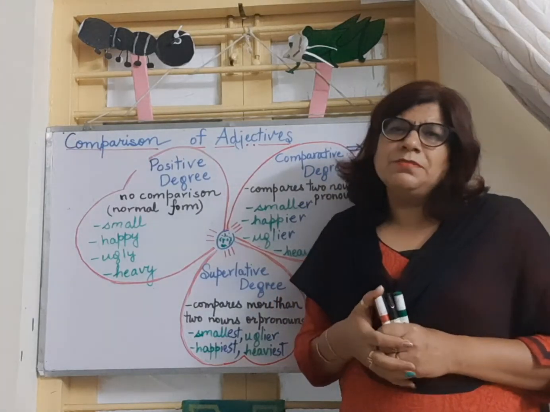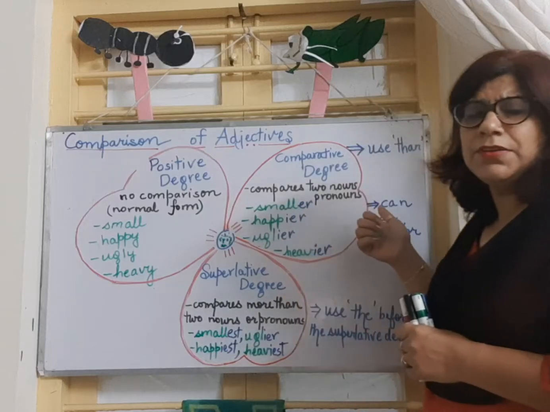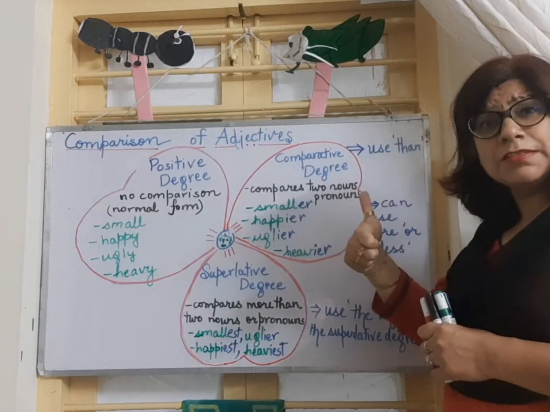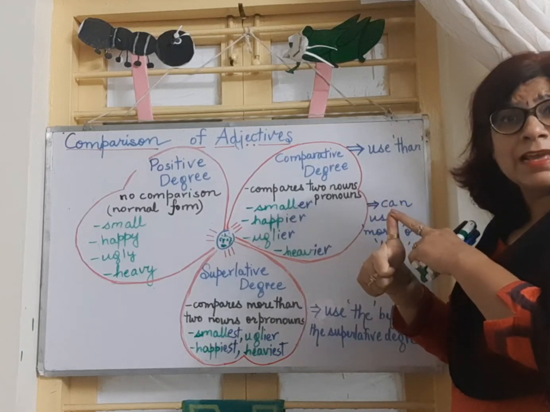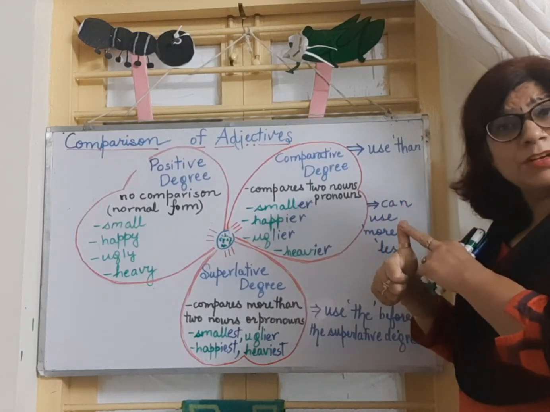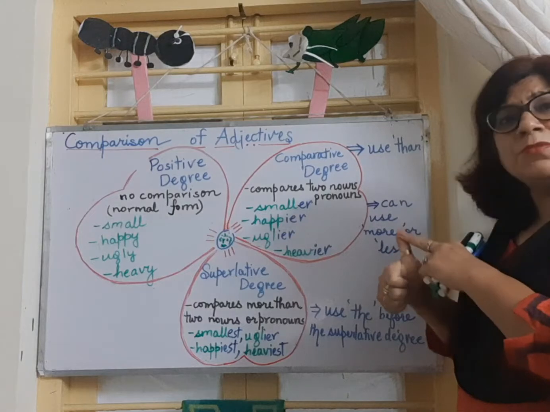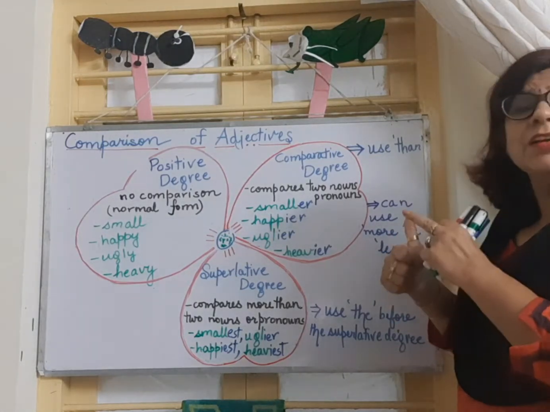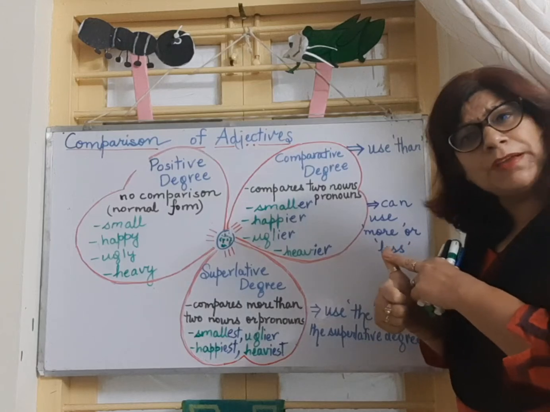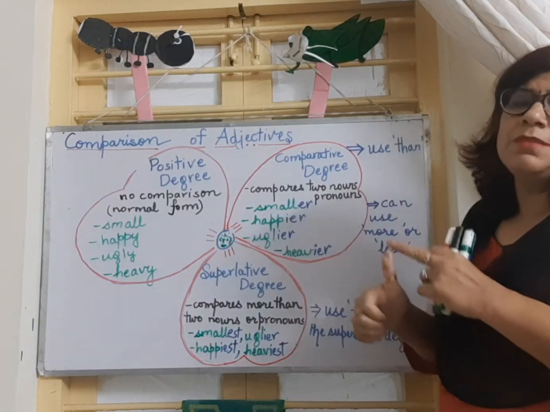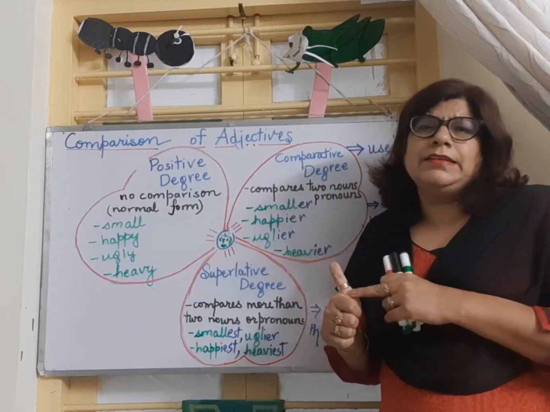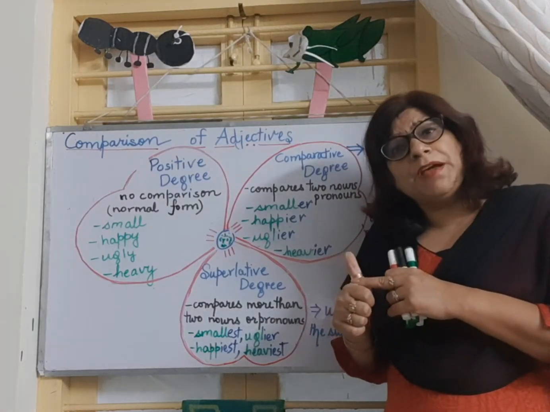So keeping this in mind, remember in comparative degree, first, if you see the word than, then it is a degree of comparison. Then if you see words like more, less in front of the adjective, then also it is the comparative degree. At the same time, if the word is ending with ER or IER, then it is a degree of comparison.